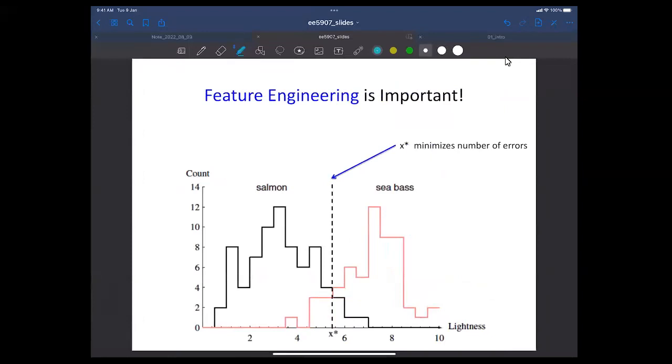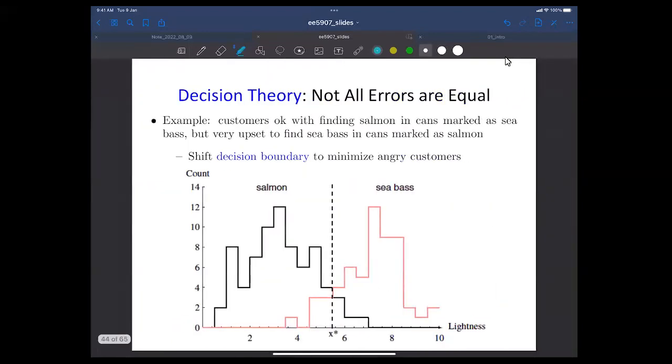We will not take into account the human valuation. We will take into account only the error function, whatever the error function that you define there. As I mentioned again, not all errors are equal. Some errors are more costly than other errors from the human perspective.